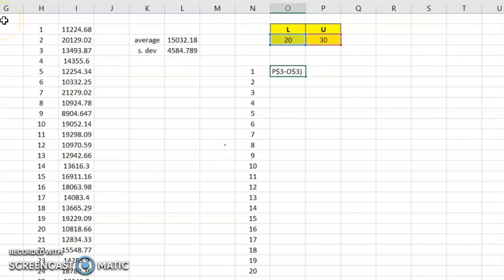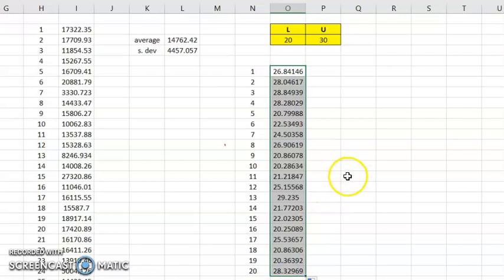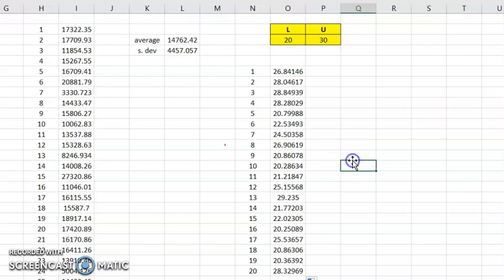Okay, now I'm going to drag all of them along these 20 rows, and now I have 20 random numbers between 20 and 30, and they are uniform. As you can see, 26, 28, 28, 20, 22, all of them are in that range. So that formula works.